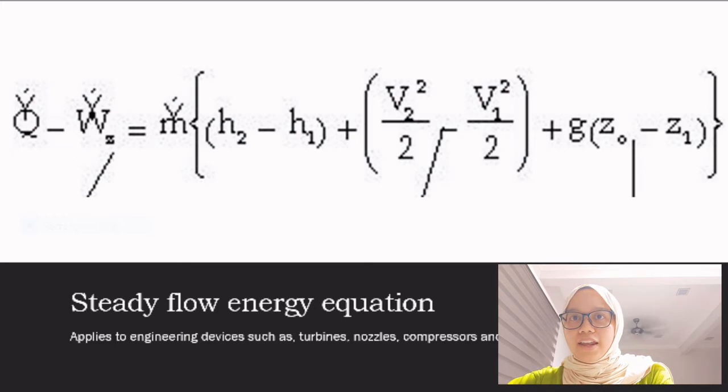Given in the slide is the steady flow energy equation, which involves various terms like Q, the rate of heat transfer between the control volume and its surroundings, W, which is the power, H2 minus H1, the enthalpy change in the fluid, V2 squared minus V1 squared over 2, the kinetic energy, and g times Z2 minus Z1, which is the potential energy.